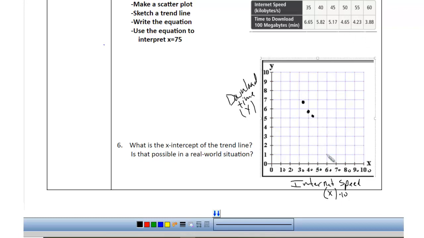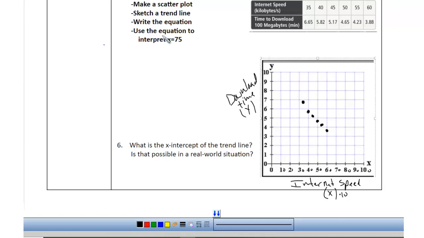And at 50, I'm at 4.65, a little bit more than halfway. At 55, I'm at 4.23. And at 60, I'm at 3.88. So maybe somewhere right up in there.